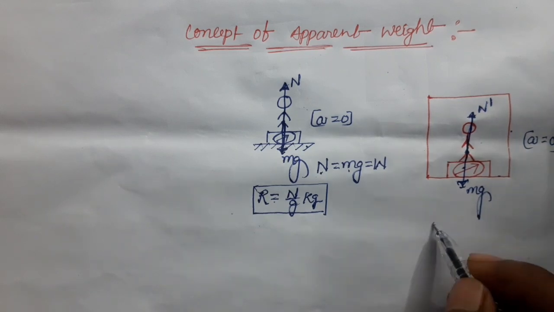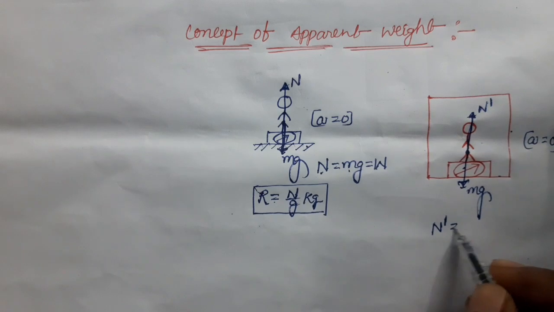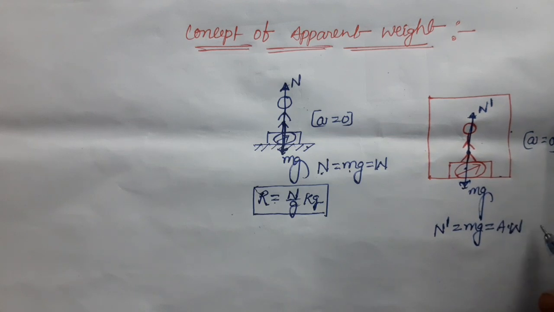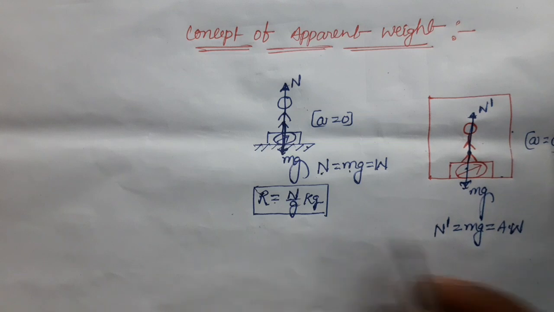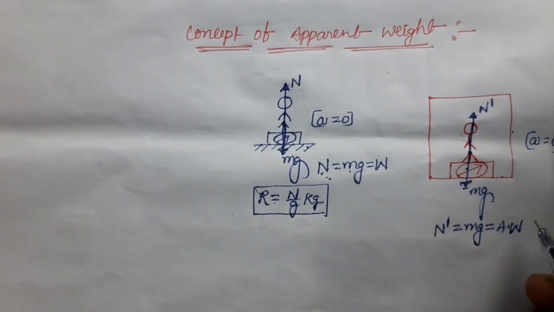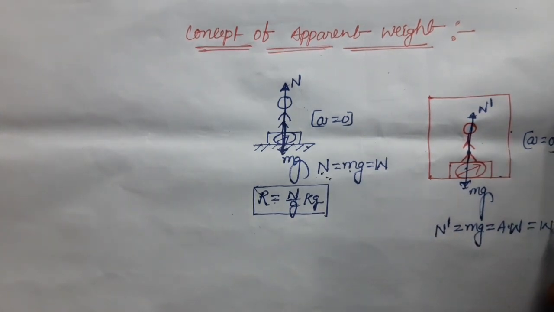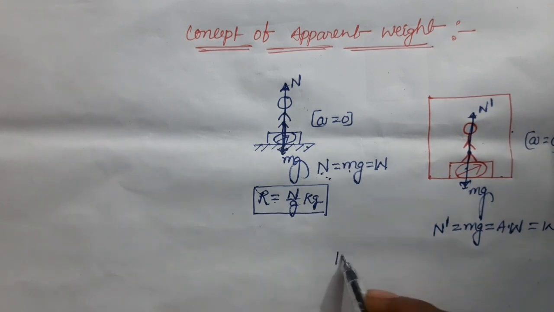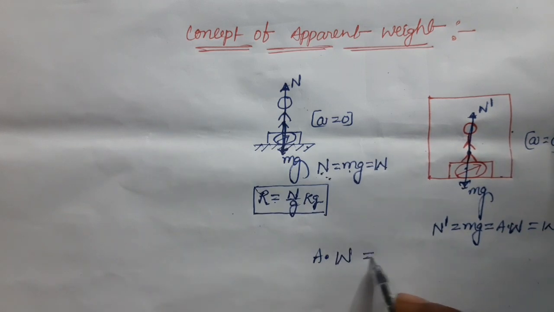According to Newton's second law, we can write here N is equal to mg, that is equal to the apparent weight, students. In this instance, we should compare these two, the original weight and the apparent weight, which is W dash, just assuming that. So in this case, the apparent weight is equal to the true weight.